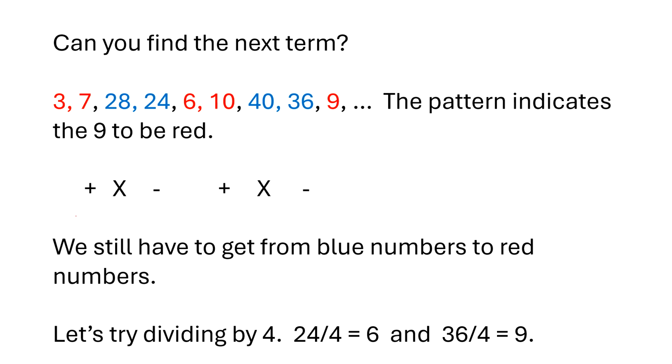So what is 24 divided by 4? It is 6. And what is 36 divided by 4? Oh, look, it's 9. And I colored the 9 in red because it will be part of the pattern where the next number should be adding 4.